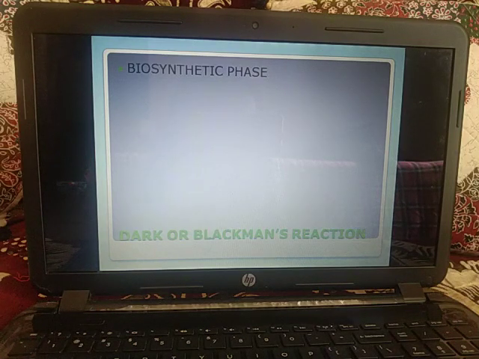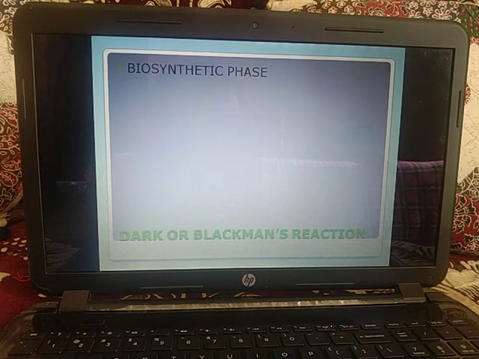It occurs in the stroma or matrix of the chloroplast. The reaction does not require light. Instead, assimilatory power, that is ATP and NADPH, produced during the photochemical phase is used in fixing and reduction of carbon dioxide.